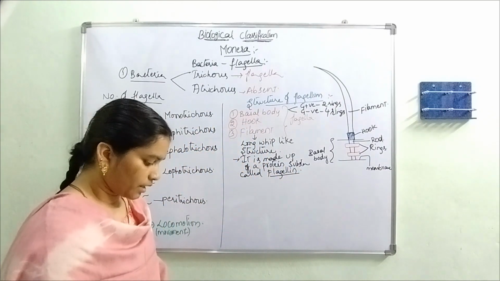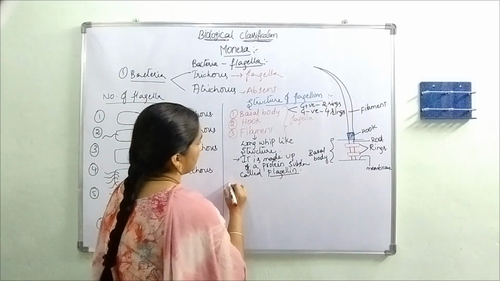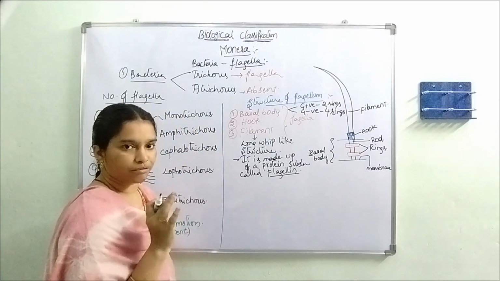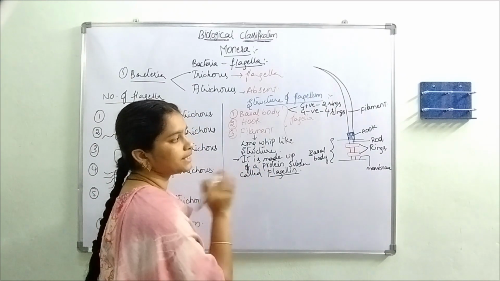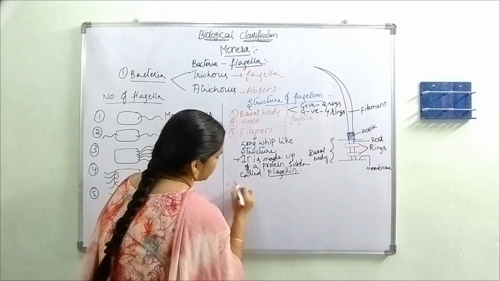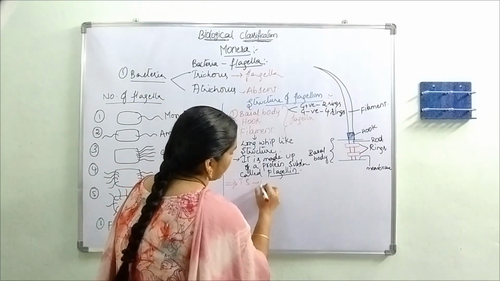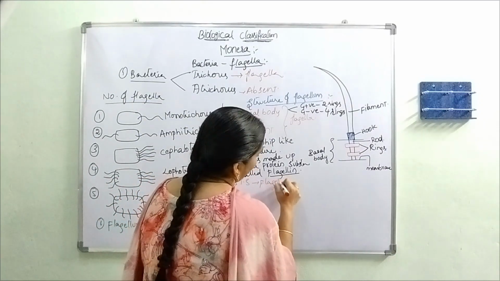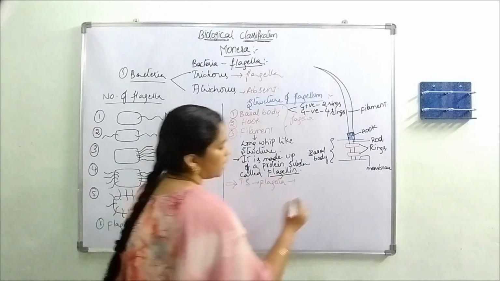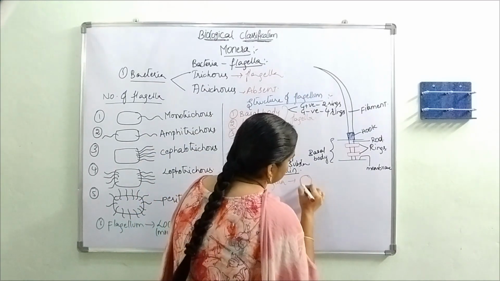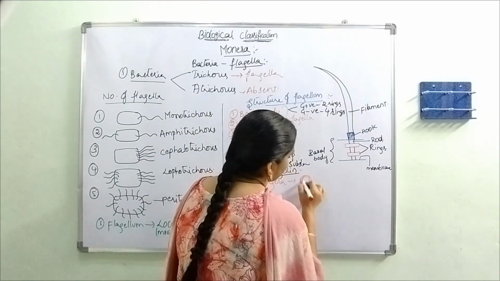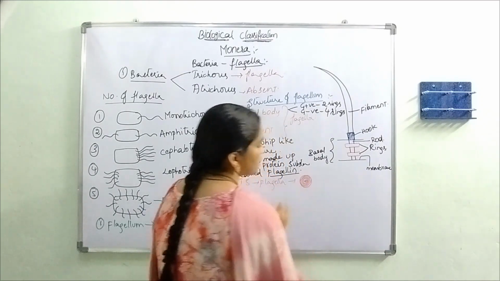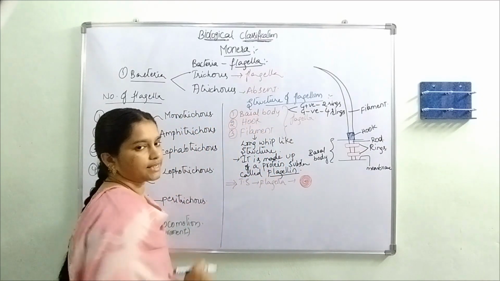And if we take the transverse section of this flagella, it looks somewhat like a rod. This is the transverse section of the flagella.